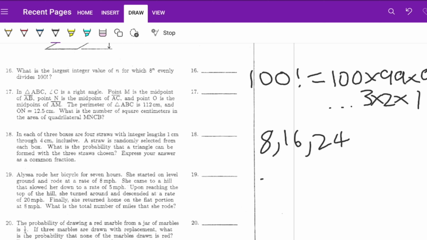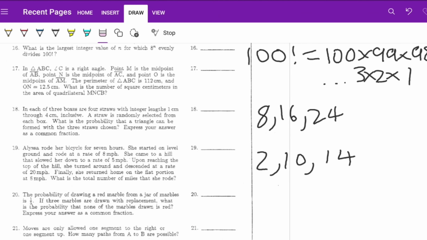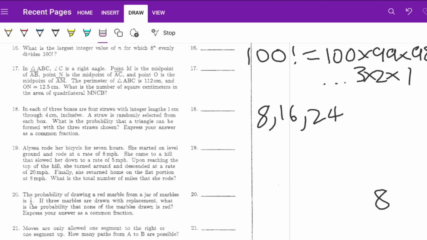But if we have a 2, a 10, and a 14, for example, they all have a factor of 2 in them. A 2, a 2, and a 2. And if we multiply them together, we also get another 8. So we can derive an 8 without getting a factor of 8. That means we have to be strategic and make sure we count every single possible value.